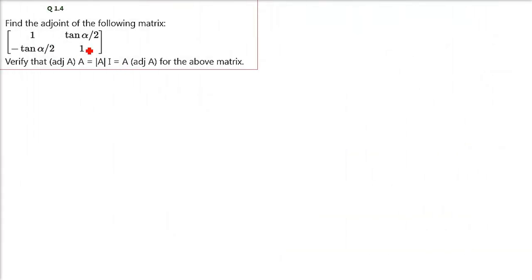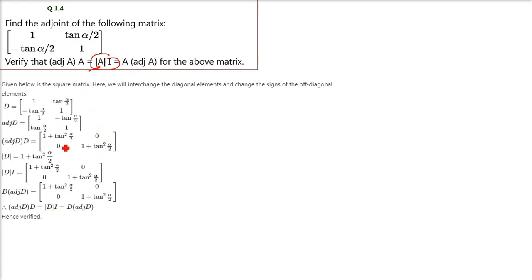Here we have same thing, 2 by 2 matrix. Okay, there is no difference. So adjoint A is quite simple. Let's do this middle one now. Okay, determinant of A also we'll find out, and multiply with the identity matrix that we are going to do. So this is, let's see the adjoint also.